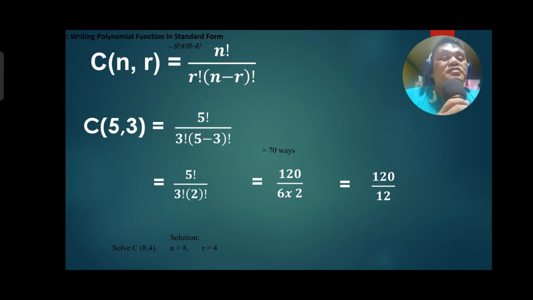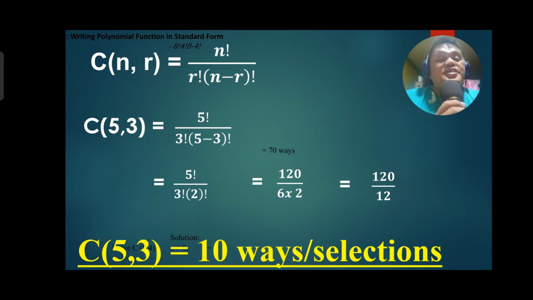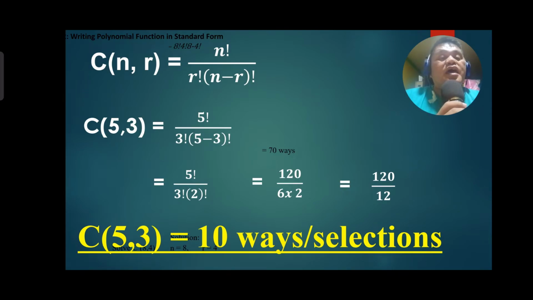So we have 120 over 6 times 2, which is 12. And 120 divided by 12 is equal to 10 ways or 10 selections. So the combination of 5 girls taken 3 at a time is 10 ways or 10 selections.